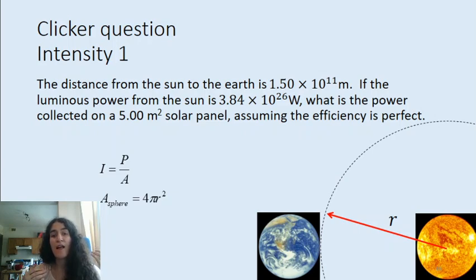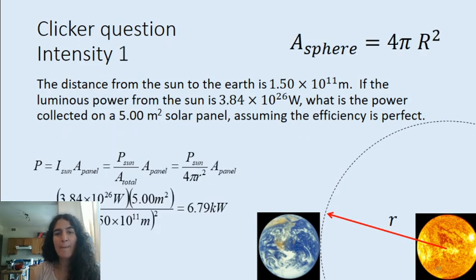How would I then calculate the power collected by the solar panel? Then I could rearrange this formula. Intensity times area gives me power to calculate the power on the solar panel. So why don't you try that process and pause and then check back to see that you get the right answer. Okay, if you're joining back, this is my solution.